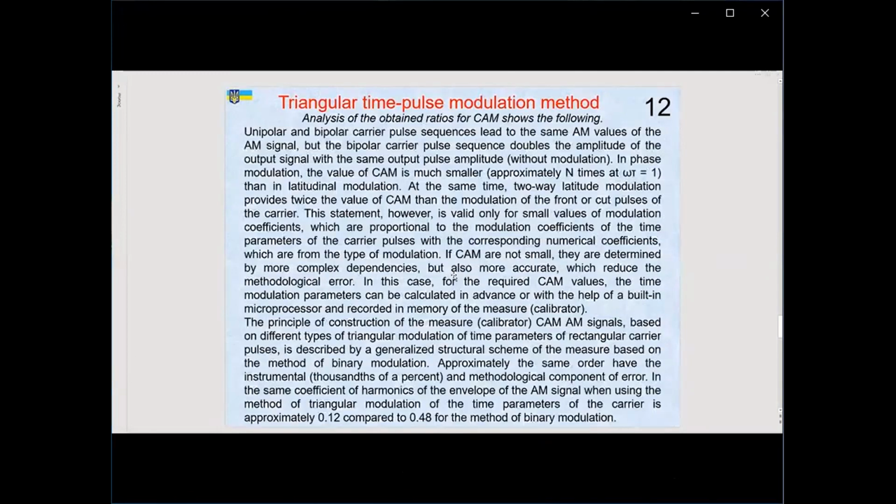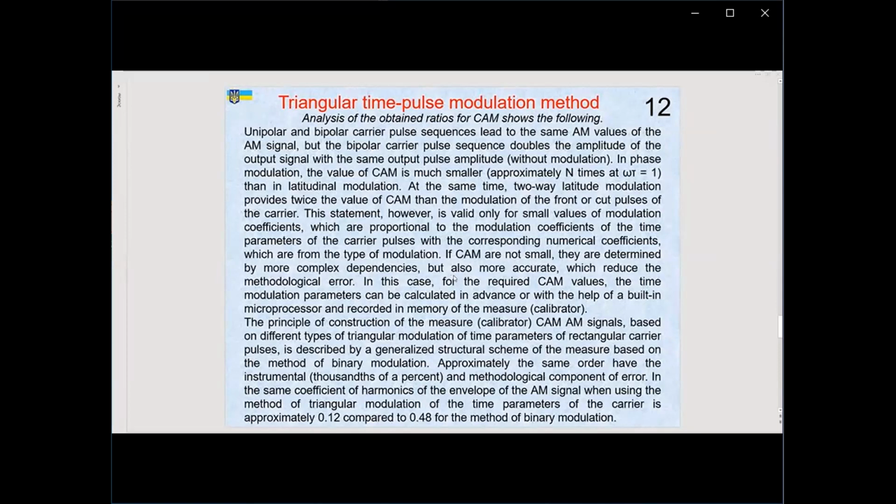Analysis of state ratios for the CAM following unipolar and bipolar carrier pulse modulation leads to the same values for the IM signal, but the bipolar carrier pulse sequence doubles the amplitude of the output signal with the same output pulse amplitude without modulation.